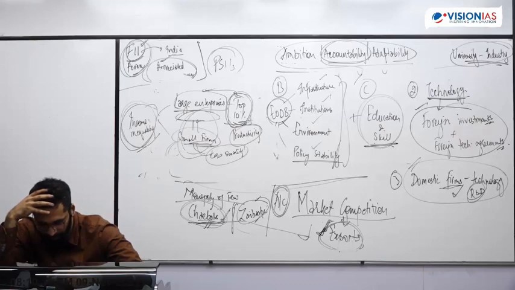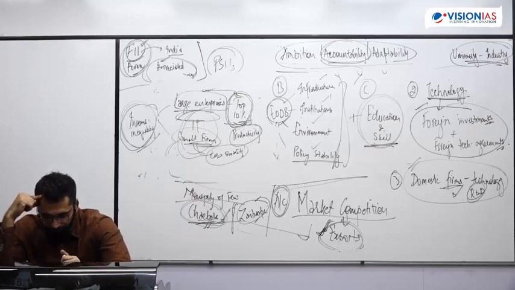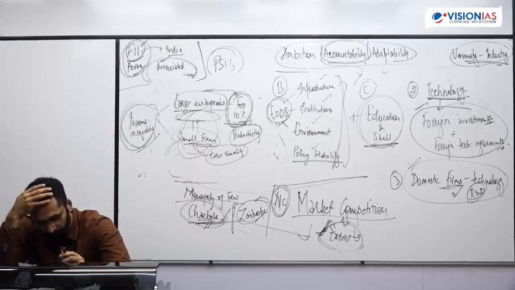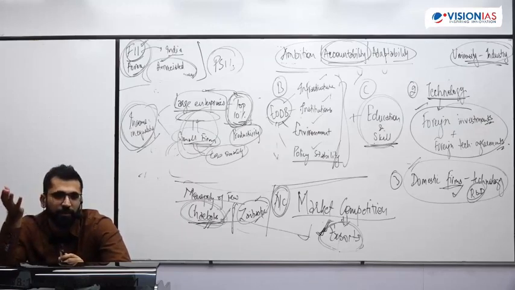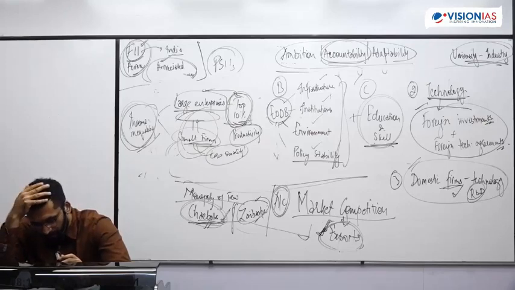Next, labor rigidities. There are nearly 50 central and state legislations affecting labor conditions in India. See, this point is an extra because now 4 labor codes have been passed, but we still don't know their implementation. So labor rigidity is just an extra point you're writing because we have seen it after independence.